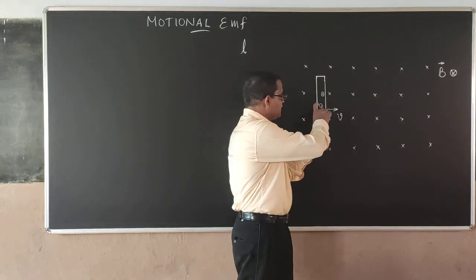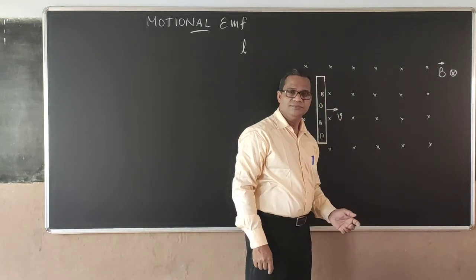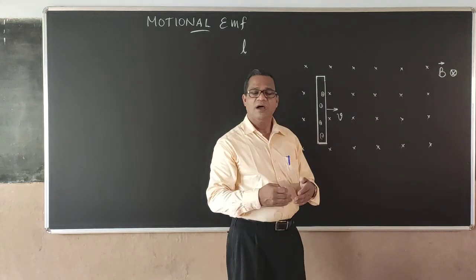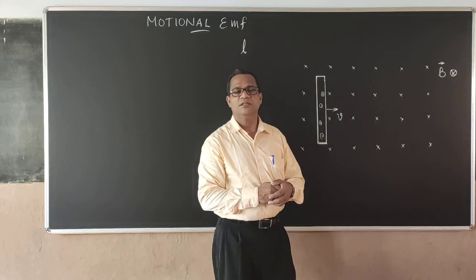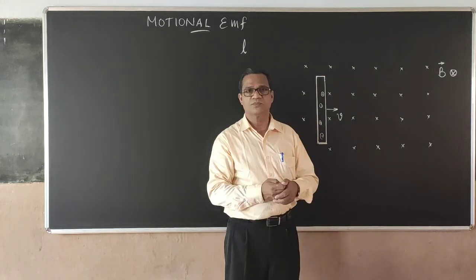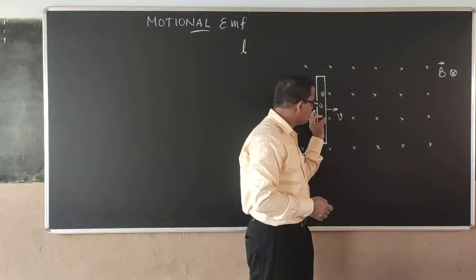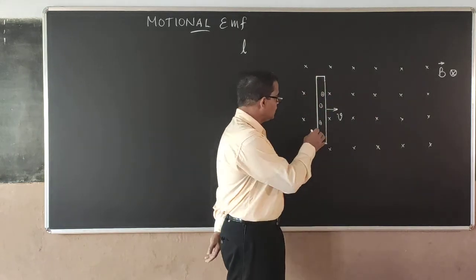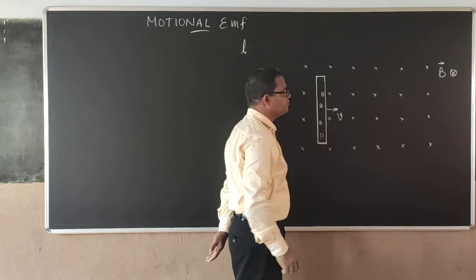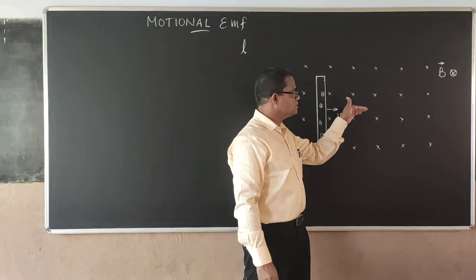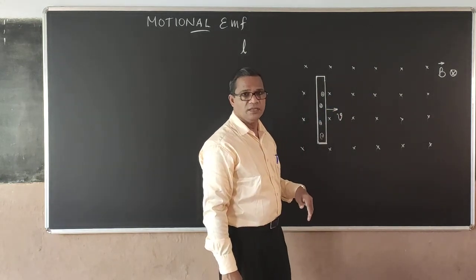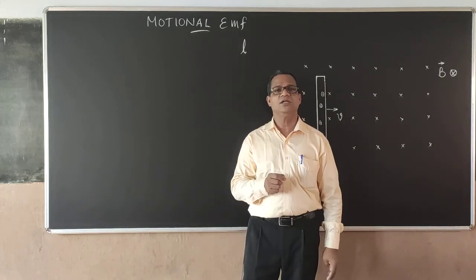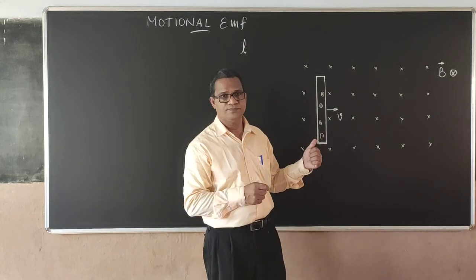Now when I move the conductor along this direction, the conductor has enough free electrons in its body. Those free electrons are also moving with the velocity v. If I take one such electron moving with velocity v in a magnetic field, a magnetic Lorentz force will definitely act on it.